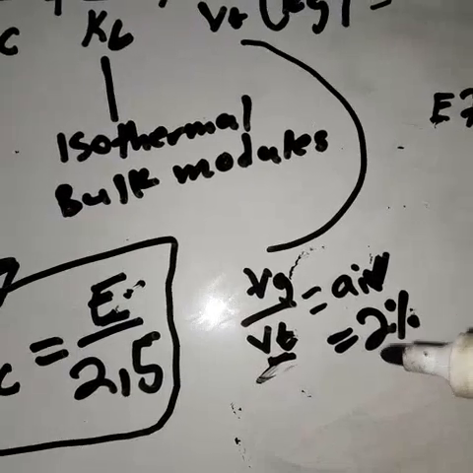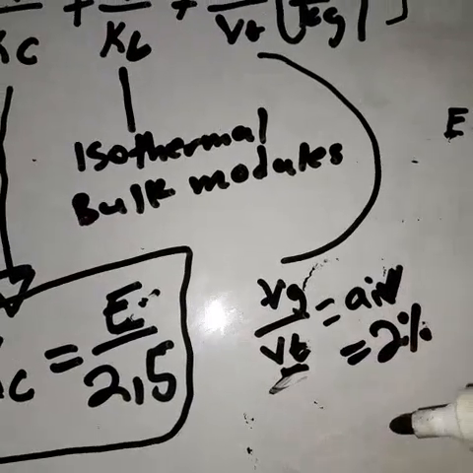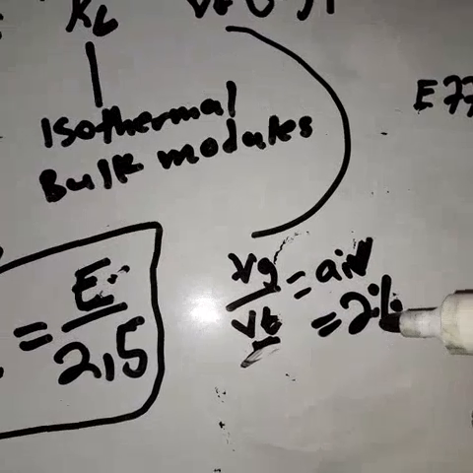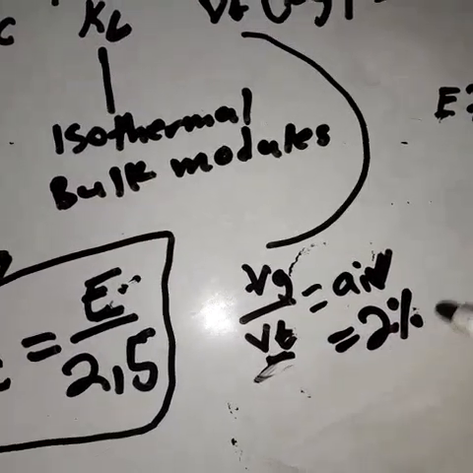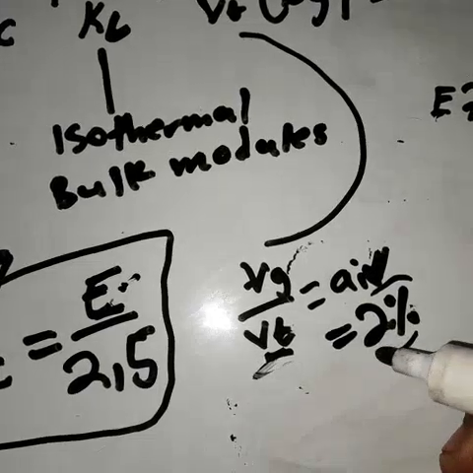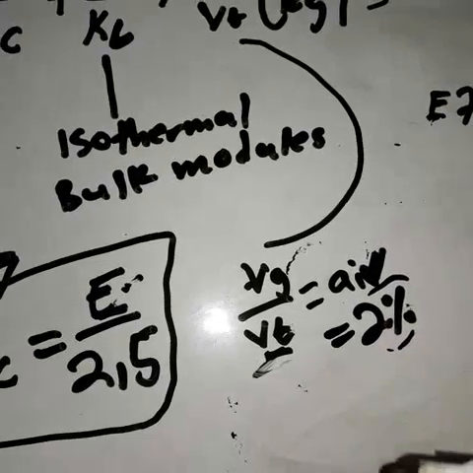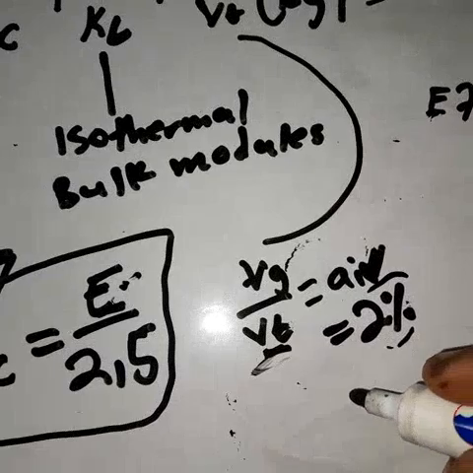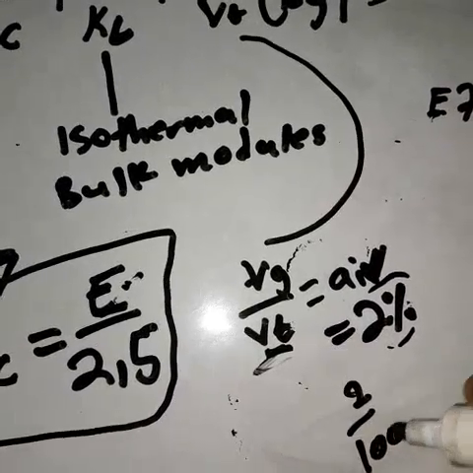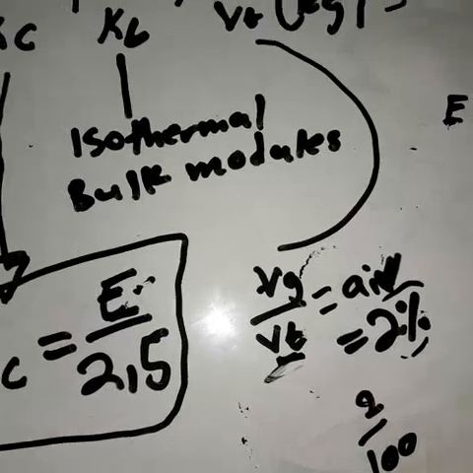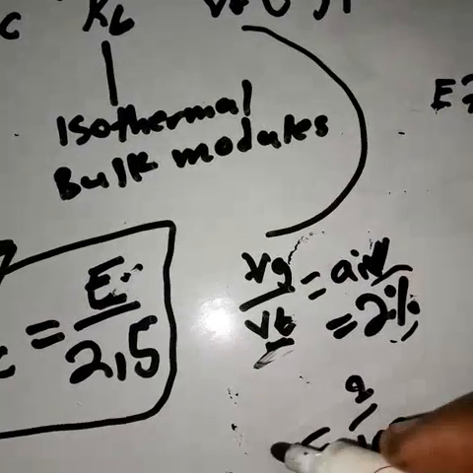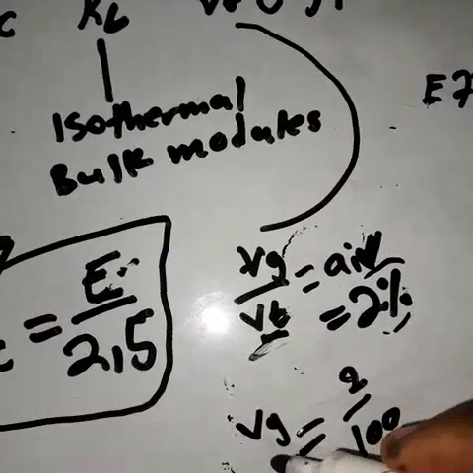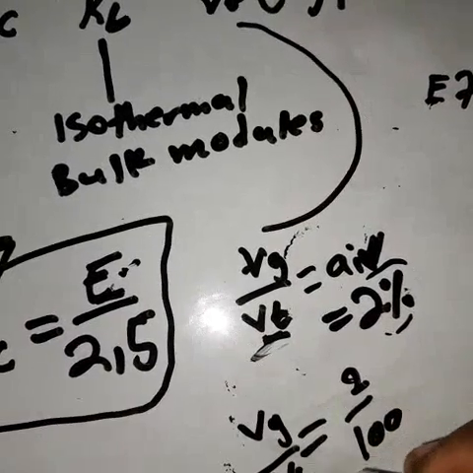But it is air in the system, might be a gas. If it's 2%, obviously this is in percentage, you must use it as a decimal, or you can use it as 2 over 100. This will be equal to Vg over Vt.